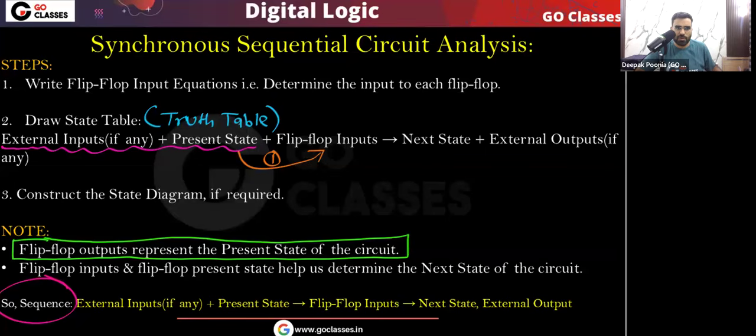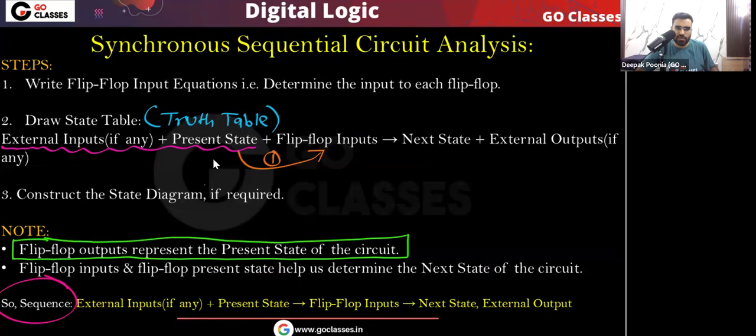This will be our computation number 1. You can see the arrow: external input plus present state, with the help of that we will find flip-flop inputs. So this will be our first computation.